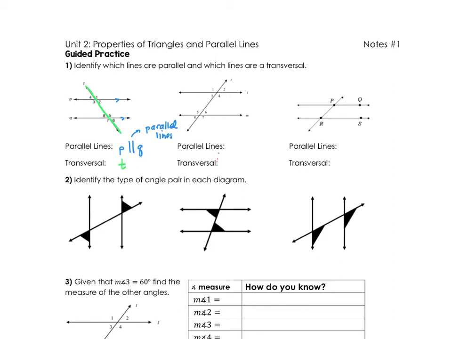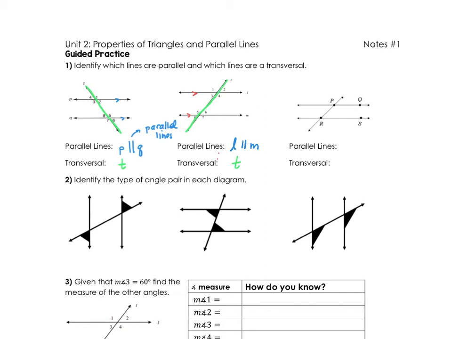In our second picture here, let's use some arrows to mark these 2 lines parallel. And typically we'll be told that in a problem. So that means that line L is parallel to line M. So just use that single lowercase letter in this case because they're not naming points on the line. And our transversal is T again.